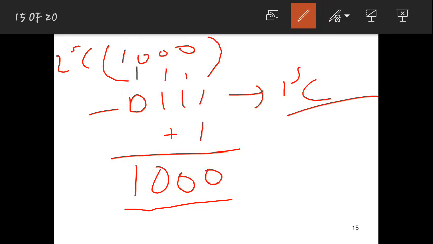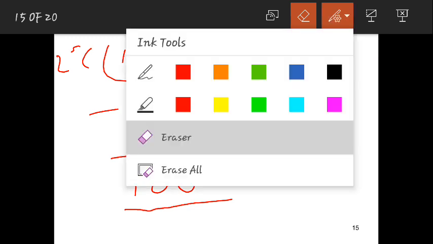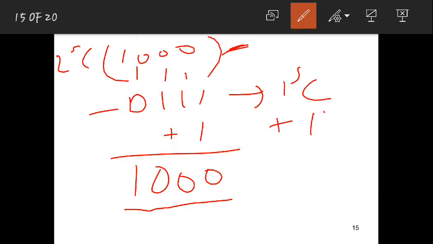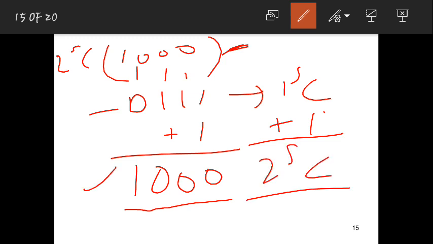For making a 2's complement, I made this number its 1's complement first, and after adding 1 to this 1's complement, I got the 2's complement. Now this is called the 2's complement of this number.